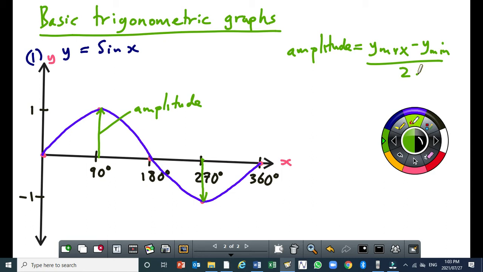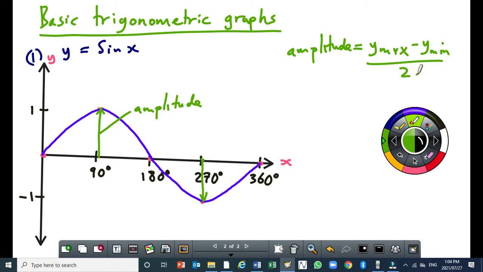It is the positive coefficient of sine x. So here the amplitude will be 1. The height of the crest is 1 unit. The depth of the trough is 1 unit. Then use this formula here. Your y max is 1. Your y minimum is negative 1. 1 minus minus 1 gives you a 2.